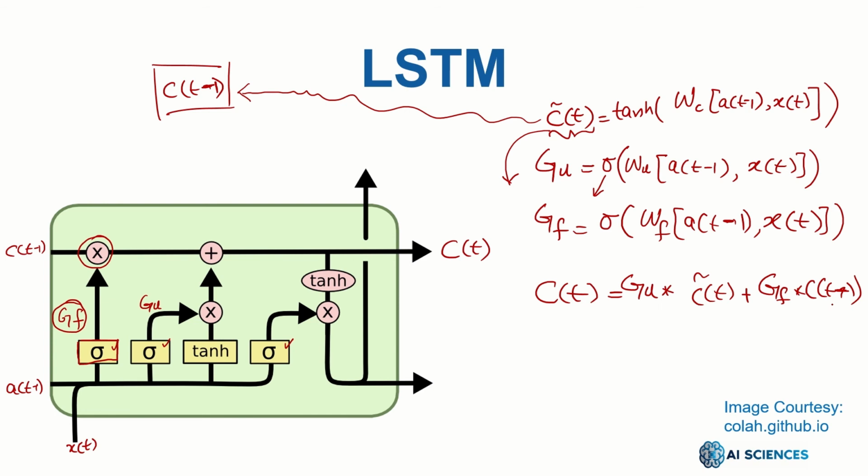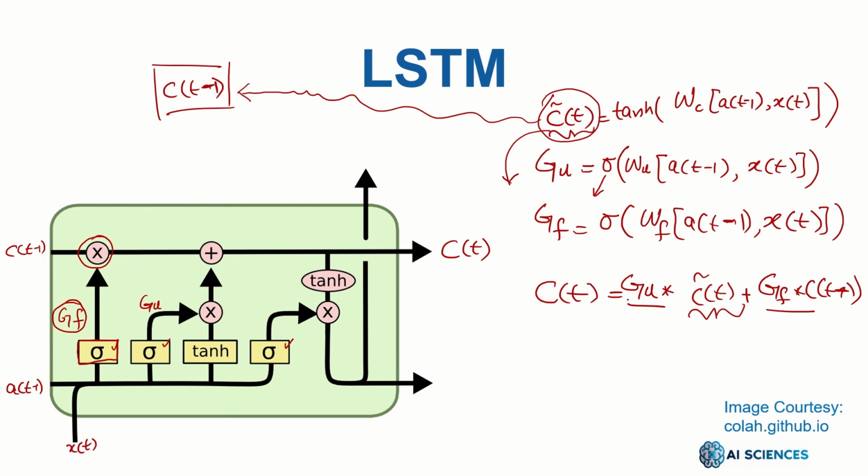So just think of it intuitively: if the update value is 1 and the forget value is 0, then we will update the memory with the new contents, and we will keep that memory as long as the keep gate is on.